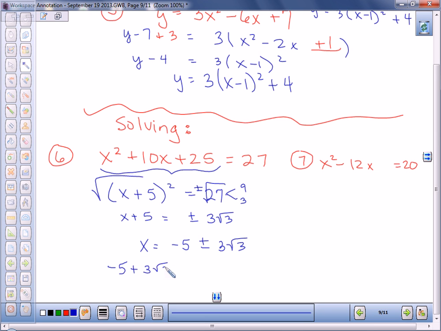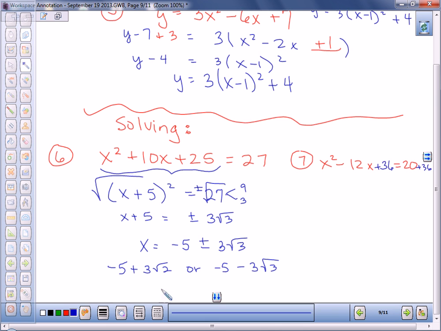Alright, now, is this one a perfect square trinomial? No. So I gotta do a little more work. What do I need to do? Make it a perfect square. Yes. Add 36 to both sides. So, sorry, that's 4x minus 6.